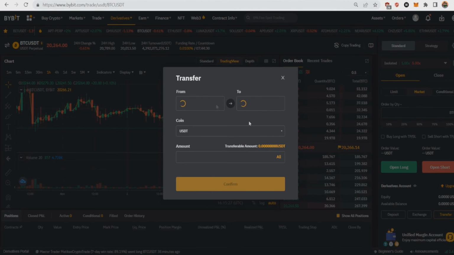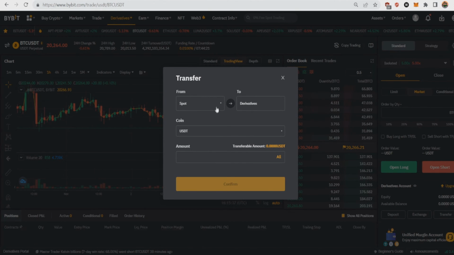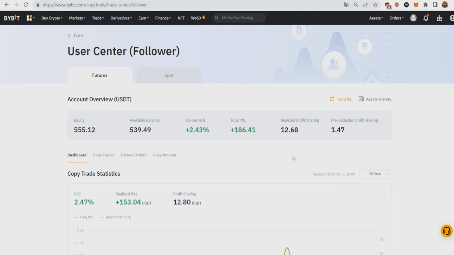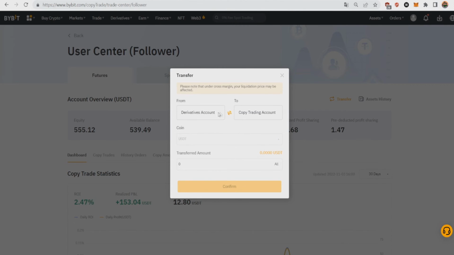So you just click on transfer, and when this finally loads, you will see you will have spot to derivatives and you just transfer from your spot to derivatives. So the amount you choose, then you go back to your copy trading settings and you click transfer again, and then you do derivatives to copy trading. I don't know why you cannot do just spot to copy trading, but this is how it works.